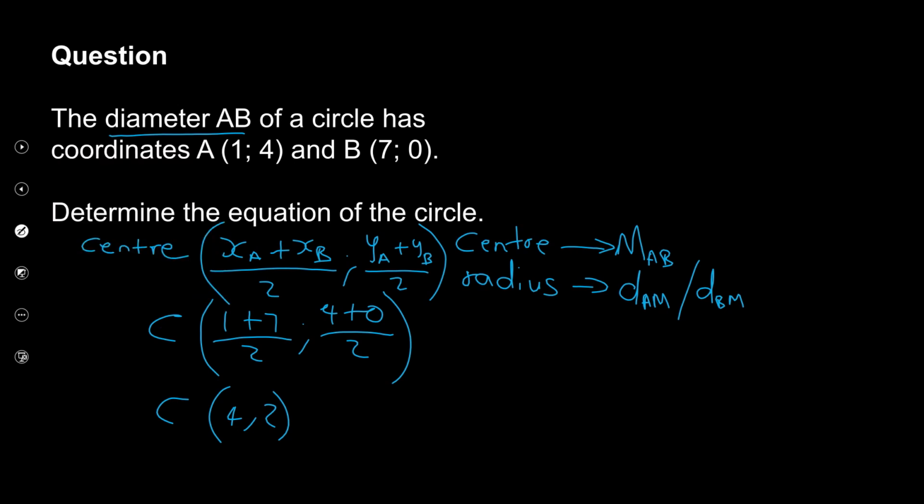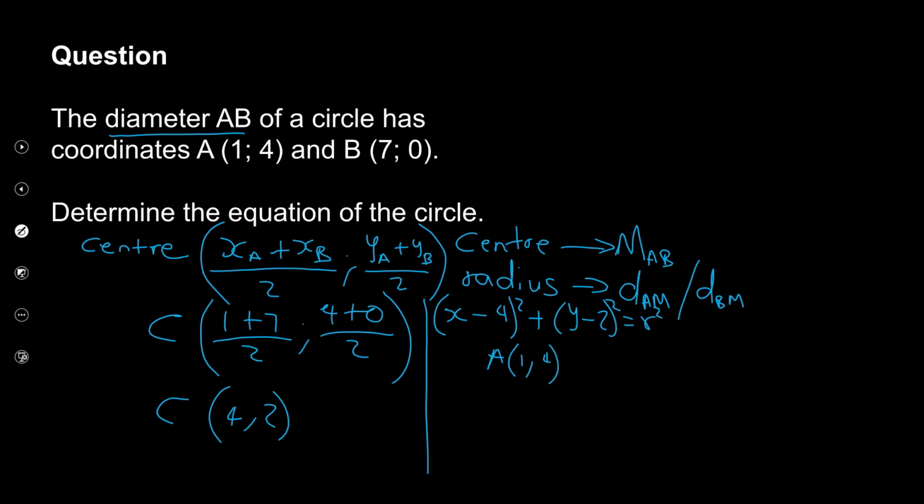Since I know this, I can find my radius. Let's say (x minus 4) all squared plus (y minus 2) all squared equals r squared. Then we use either the coordinates of A or of B. If I use A, it will be (1, 4).